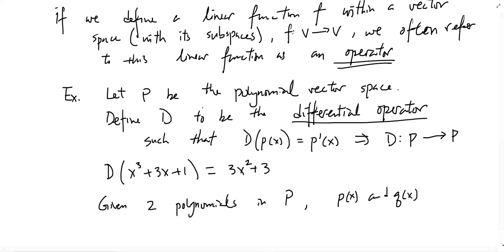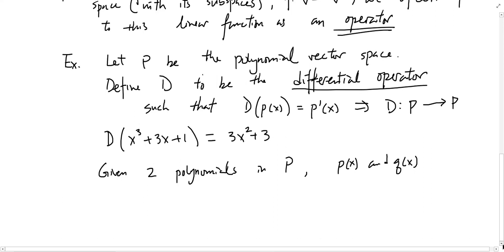The question I want to find out is: if I take the derivative of a linear combination of P and Q, does that mean the same thing as taking the derivative of P and Q first, then forming the same linear combination?